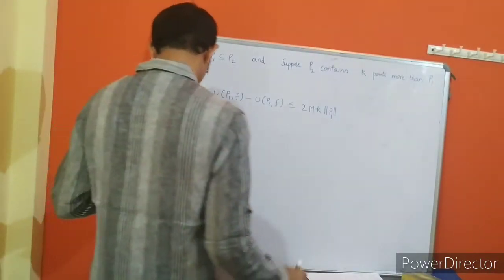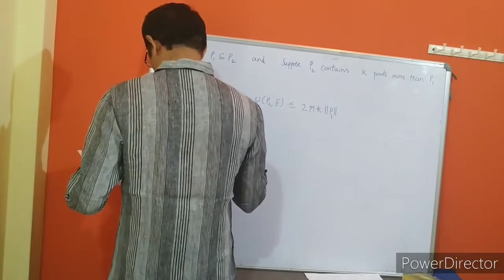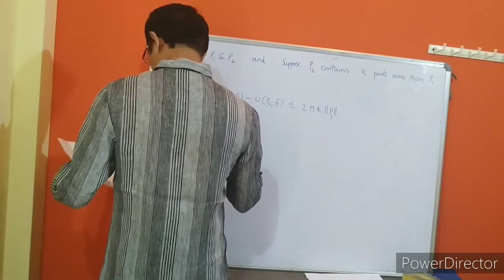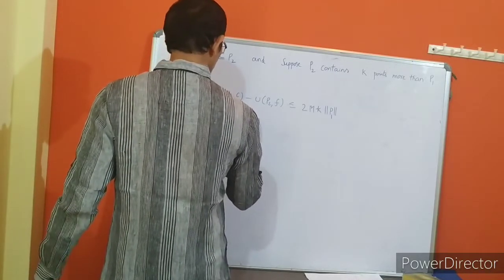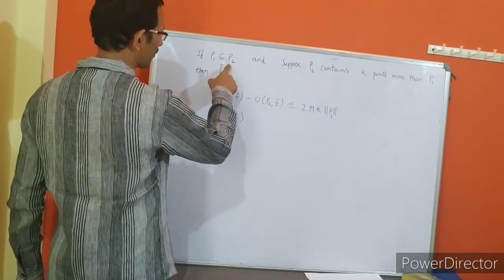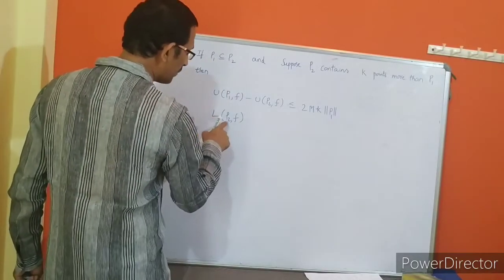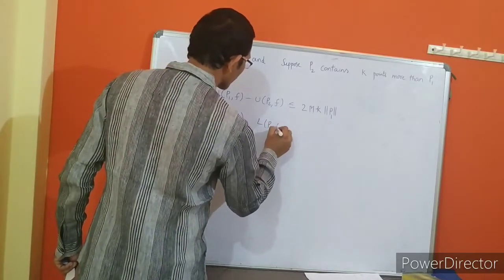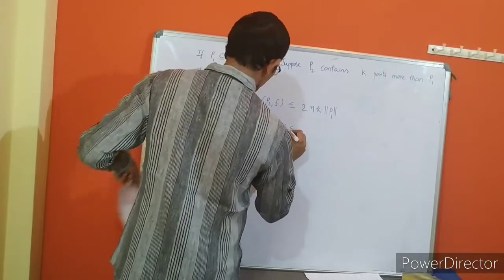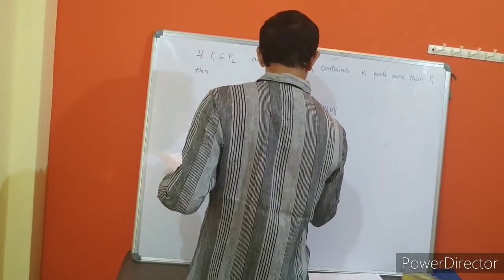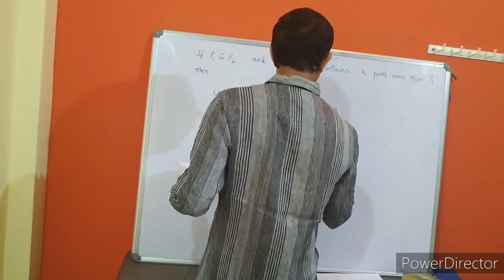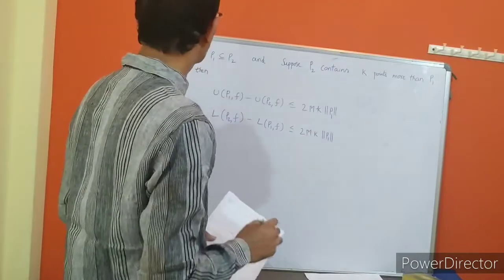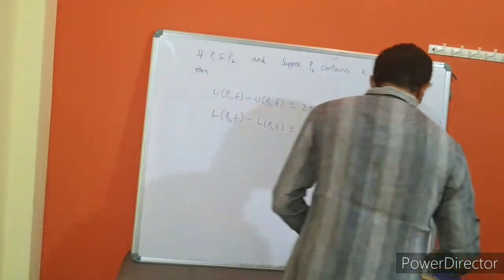Okay, similarly, when P2 is a refinement of P1, then LP2F is bigger than LP1F. Okay, this is also less than or equal to 2MK into norm P1. Okay, right.